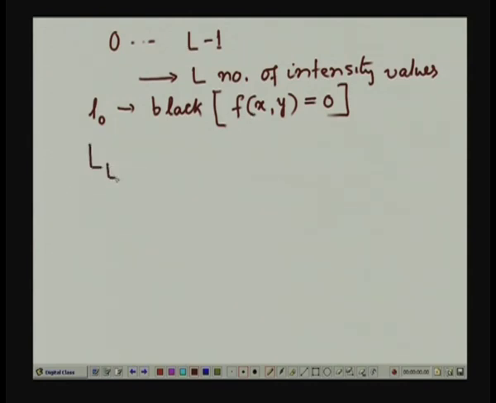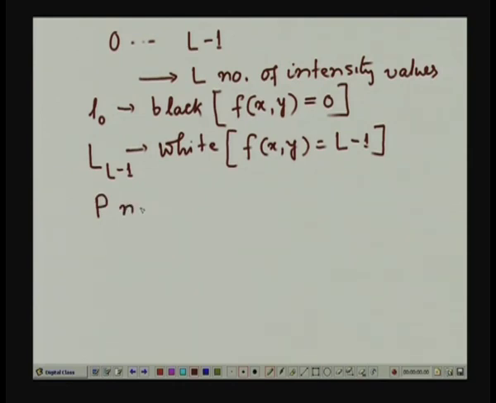Similarly, I assume that the L minus first intensity level is equal to white. That means all the corresponding pixels f(x, y) will have a value equal to capital L minus 1. And let us also assume that we will draw p number of planes perpendicular to the intensity axis.